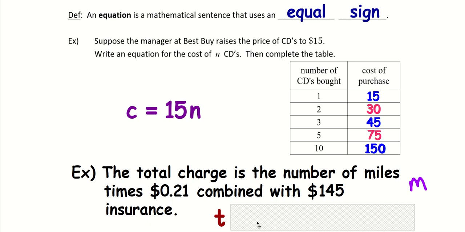Well, it looks like t. So the total charge is going to be what, based on m total miles?